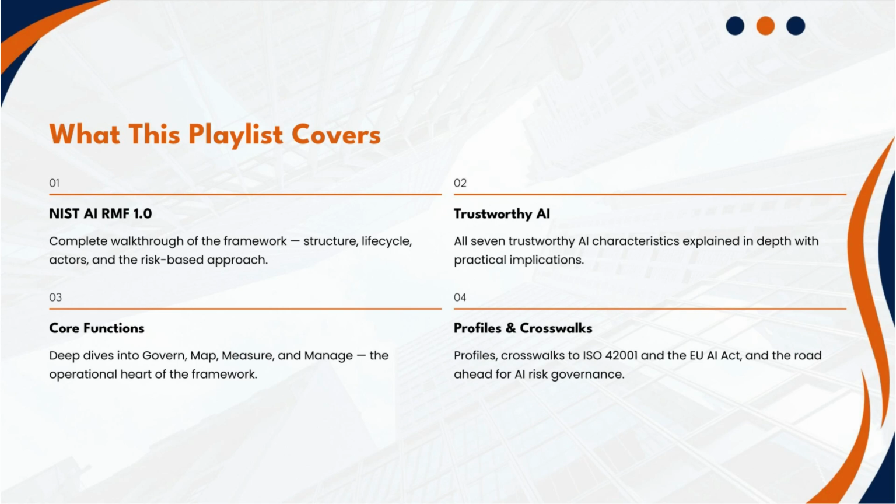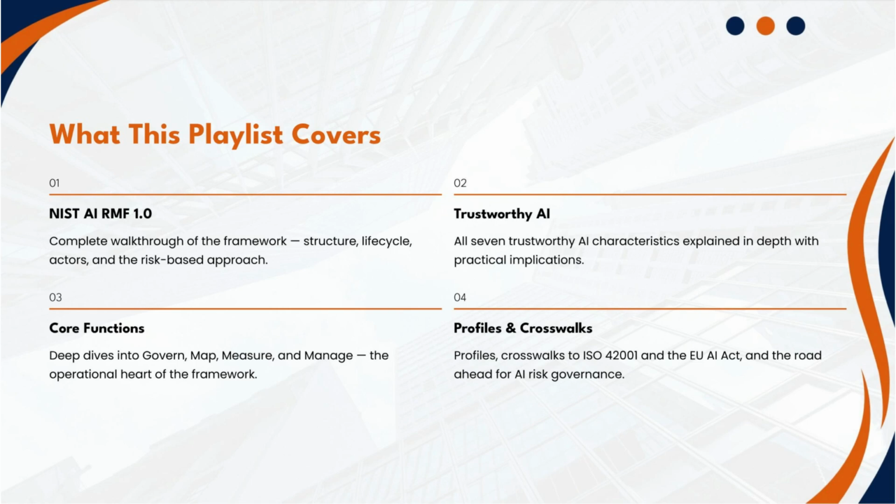The core of this series is the four functions that make the framework work: govern, map, measure, and manage. We'll spend real time on each one: how you build governance and culture, how you discover and register risks, how you test and evaluate your systems, and finally, how you treat, monitor, and respond to risk once a system is live.